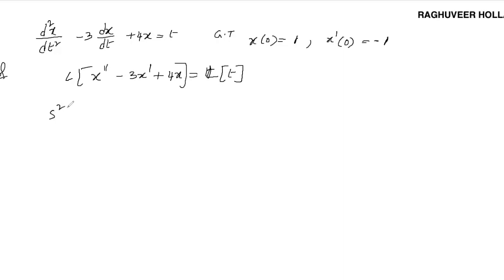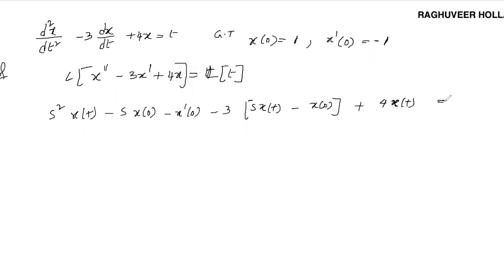Now this will be s square times L of x(t), minus s x of 0 minus x dash of 0, minus 3 times s L of x(t) minus x of 0, plus 4 L of x(t), which is equal to 1 by s square.